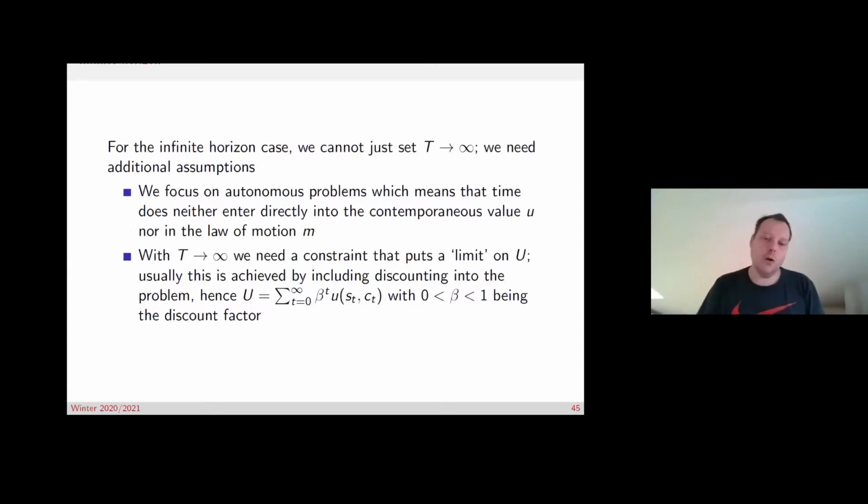And in economics, and I'm not sure how other scientific disciplines achieve that, usually discounting does the trick.